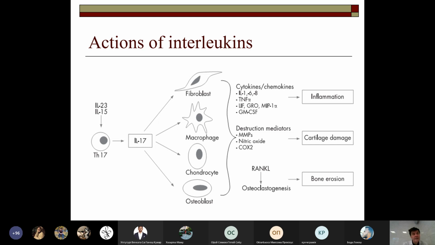Cosentyx and others. There are recent clinical trials which have shown that these drugs and agents are extremely effective against the natural evolution of rheumatoid arthritis. And today, they are generally recommended to be incorporated into routine clinical practice.